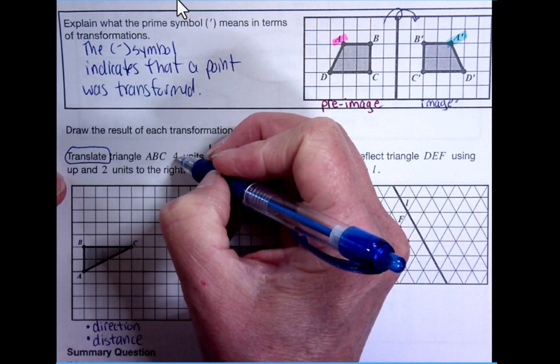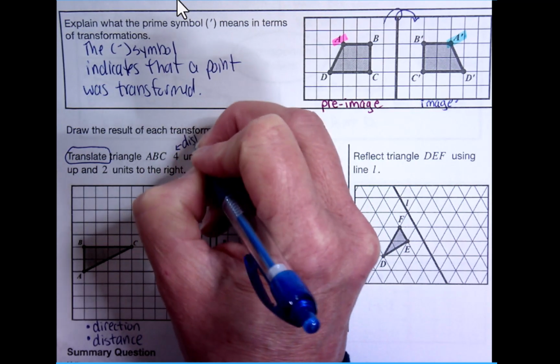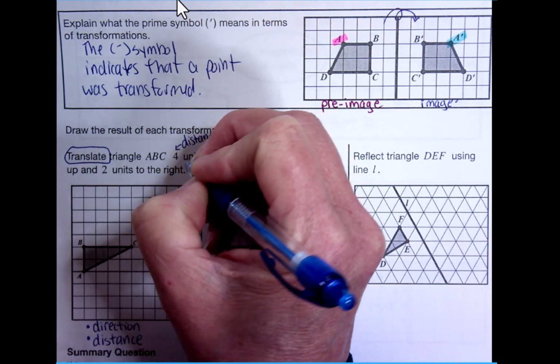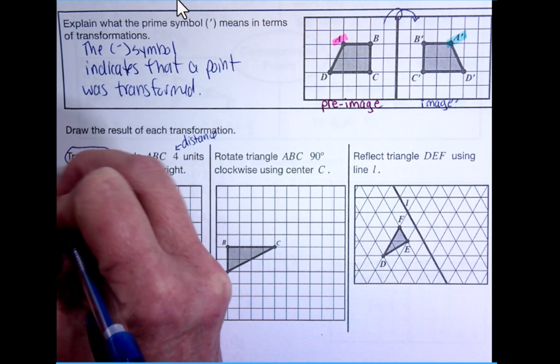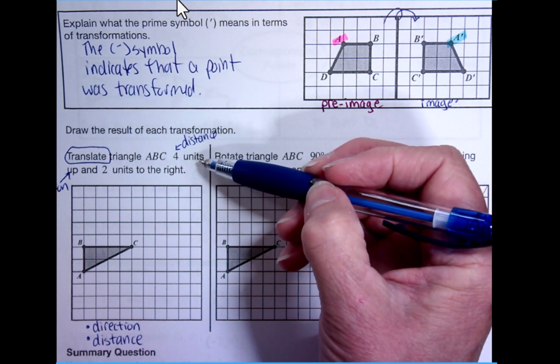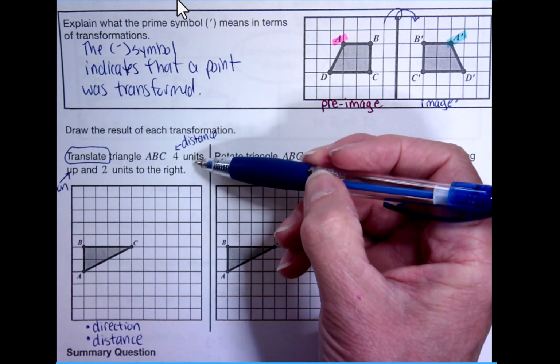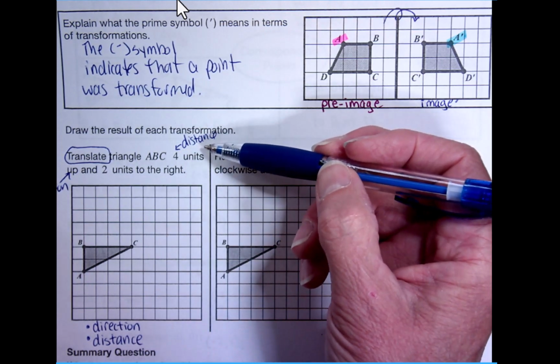When it said 4 units up, 4 is the distance, and up is the direction. And there were really 2 translations here. We had one that was 4 units up and a second one that's 2 units to the right. But both of them have distance and direction.